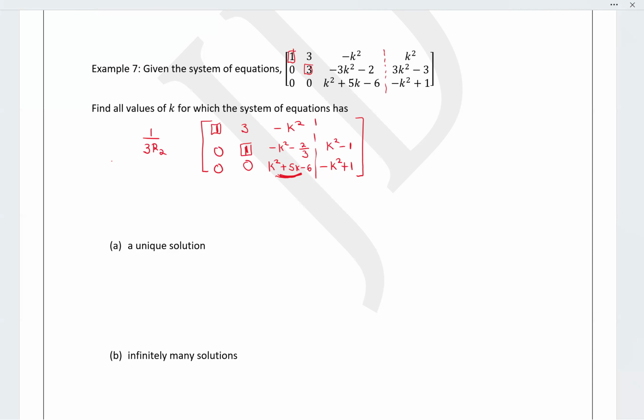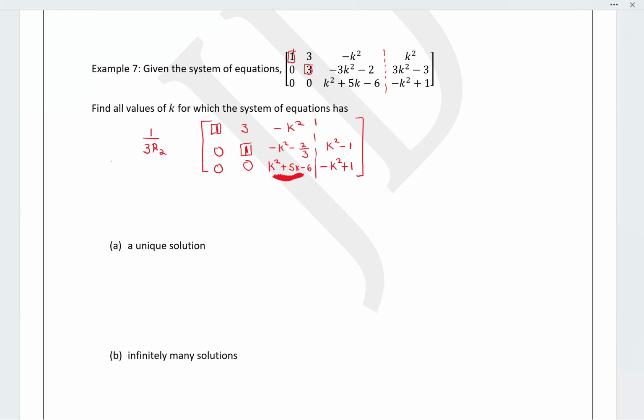So you want this to be 1, or it should not be 0. That is what we want. So if you want a unique solution, the most important is that you want this guy here to be 1. And here can be anything, right?